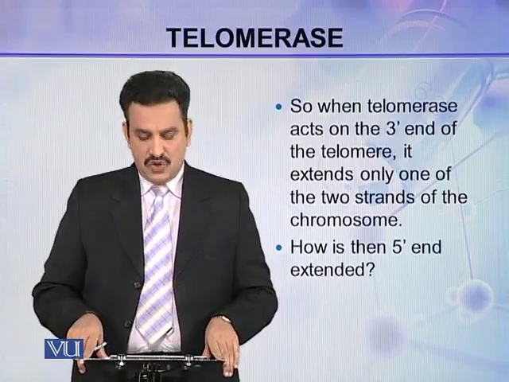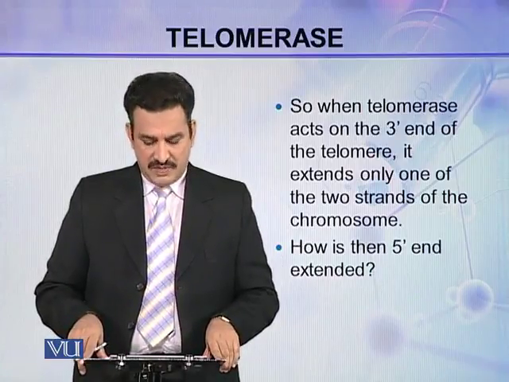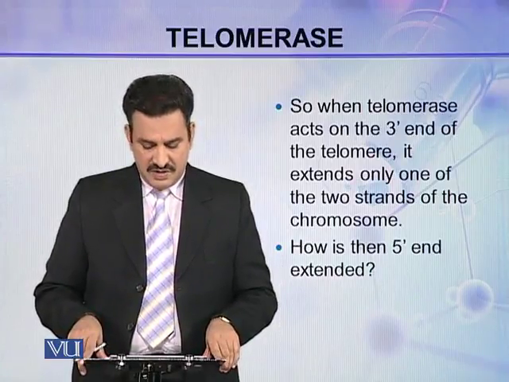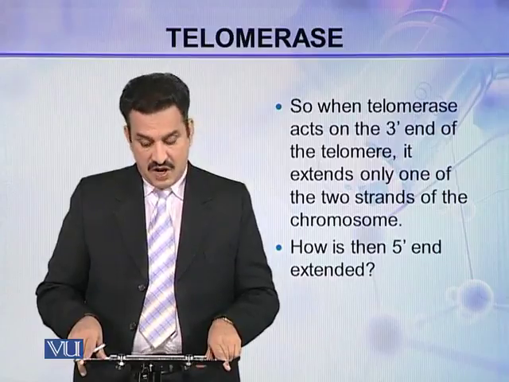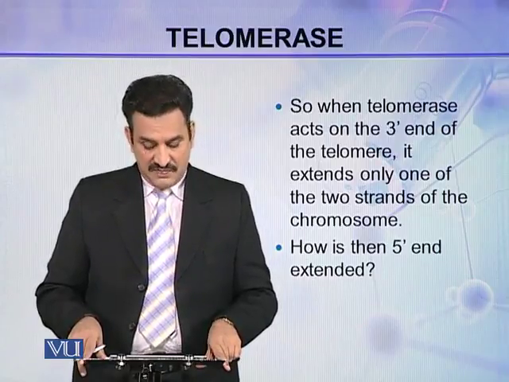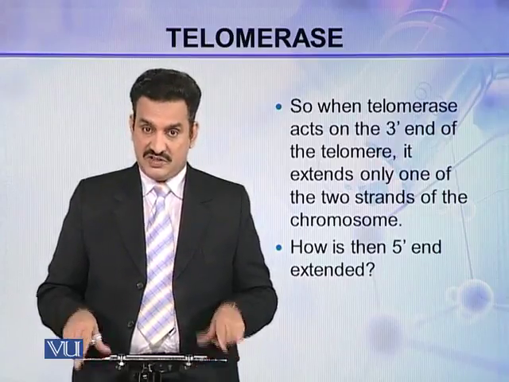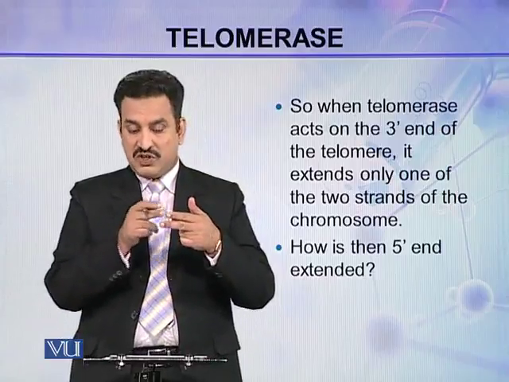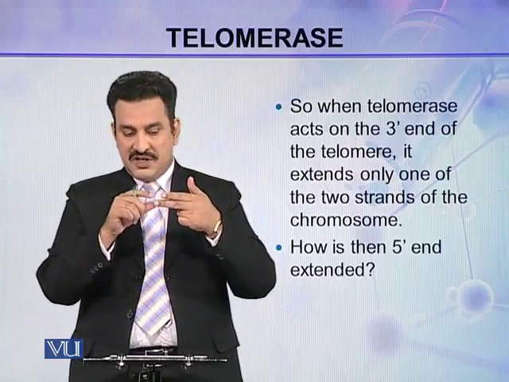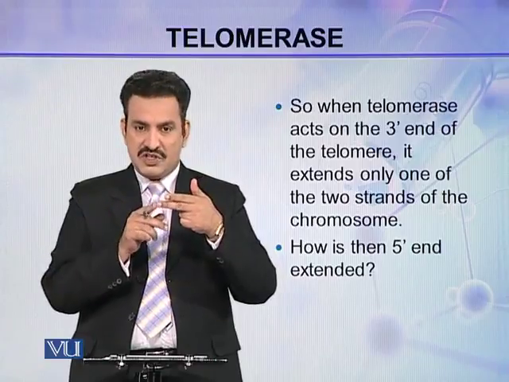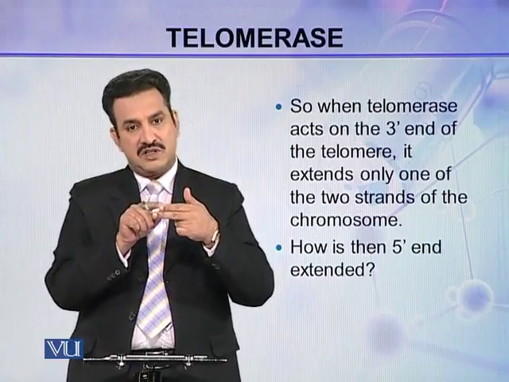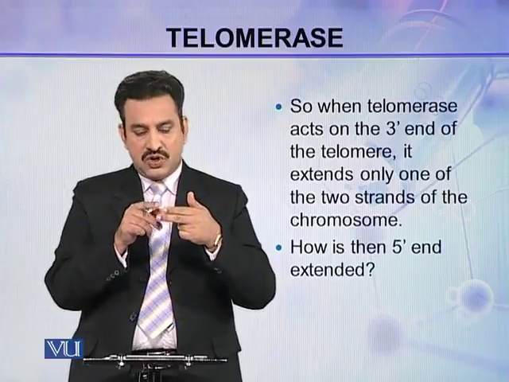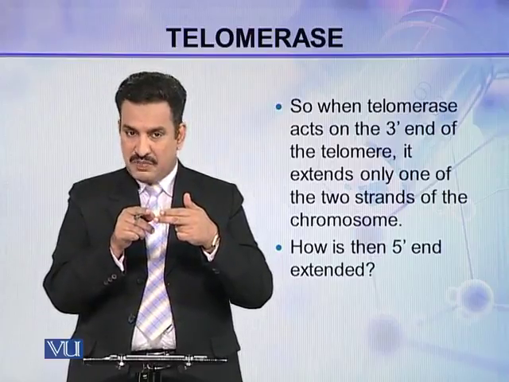When telomerase acts on the 3' end of the telomere, it extends only one of the two strands of the chromosome. Then how is the 5' end extended, the other strand, which was already short? How will this be completed?